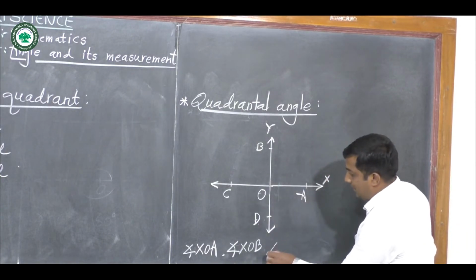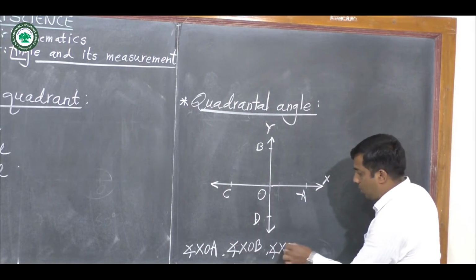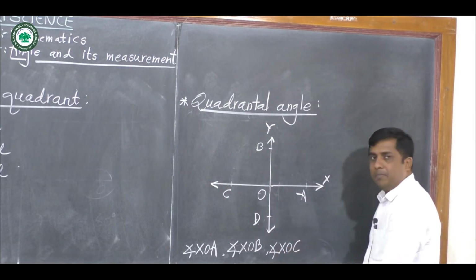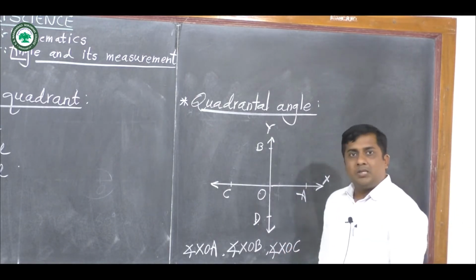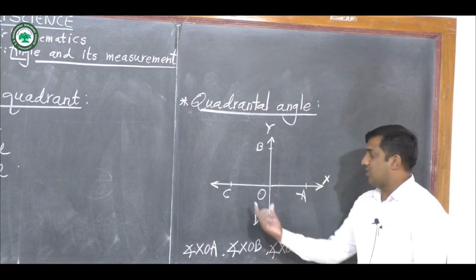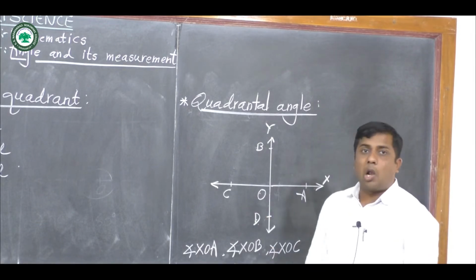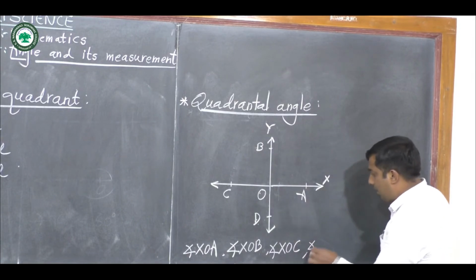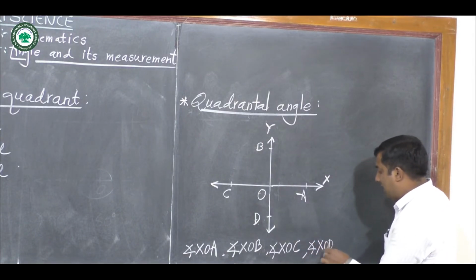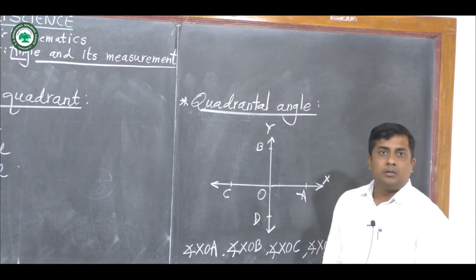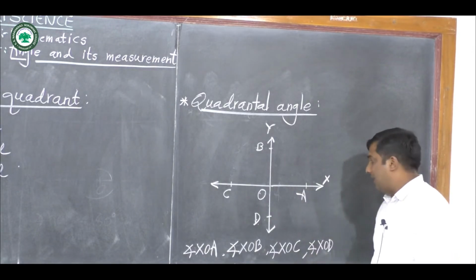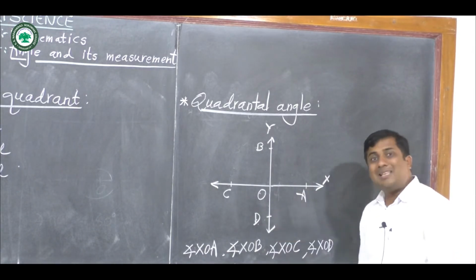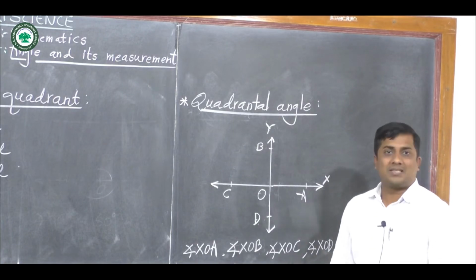Similarly, angle XOC is quadrantal since its terminal ray OC lies along the x-axis. And in the last, angle XOD is quadrantal since its terminal ray OD lies along the y-axis.